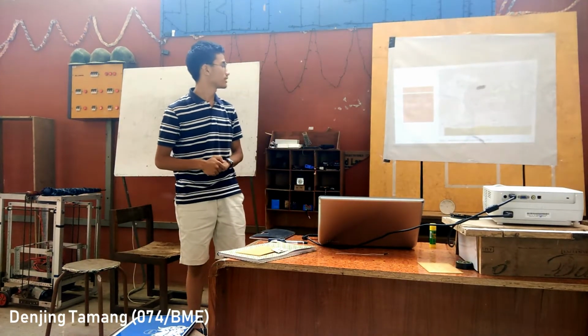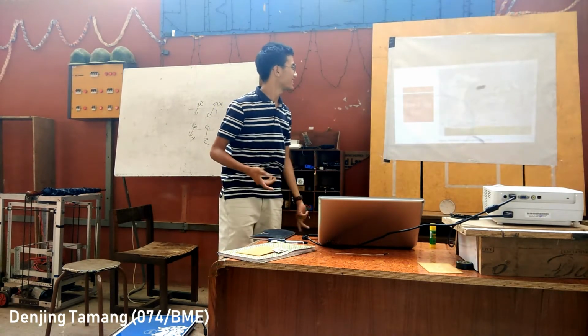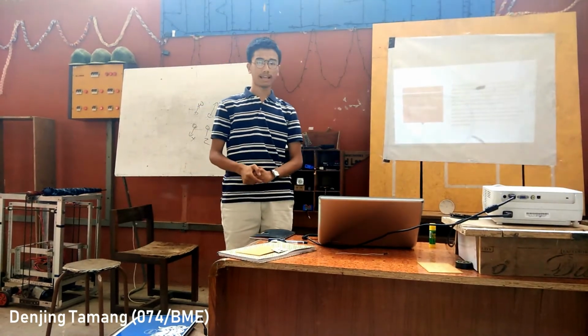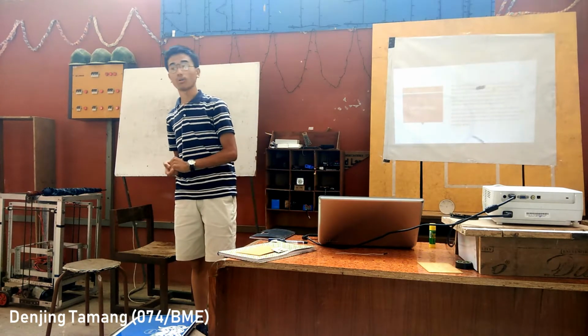About types of cloud, there are high cloud, mid cloud, and low cloud. As my topic is cloud seeding, today I'm going to talk about how cloud seeding is done.